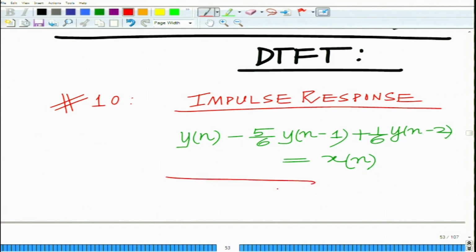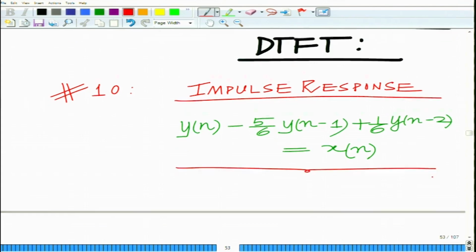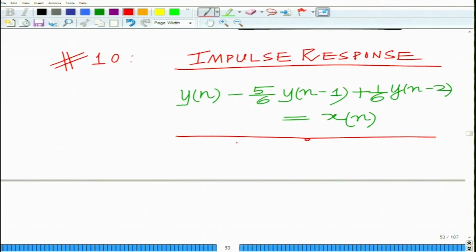So, this is the discrete time difference equation, something very similar to a differential equation for continuous time. In fact, this is a constant coefficient difference equation. We have seen how to derive the impulse response from the constant coefficient difference equation using the discrete time Fourier transform.